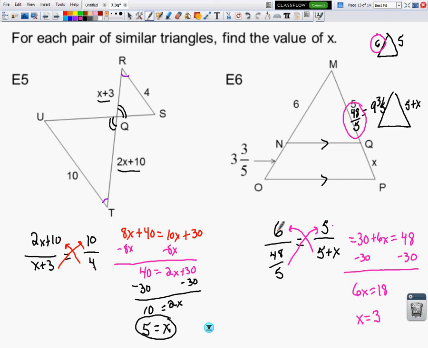It just matters that if I'm starting in one triangle here, that I either make the comparison in the same triangle, or I make it here. It can't be on the diagonal. Okay? Corresponding sides have to be lined up one way or the other.